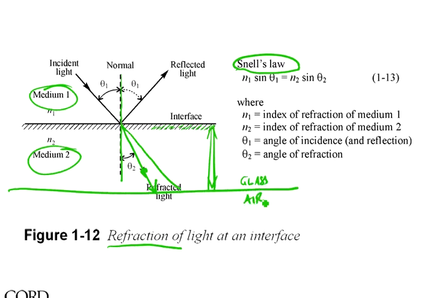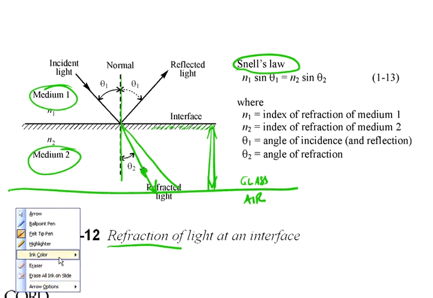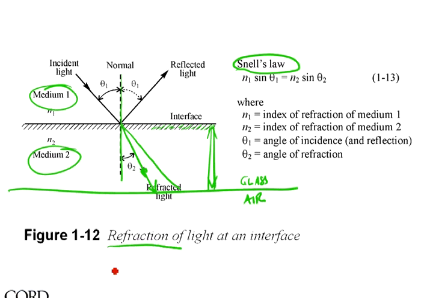At this second interface, we're going to have an application of Snell's law again. So let's use red. At this point of incidence, at this boundary, we draw another normal, perpendicular line. That's your normal. And then this is the incident ray. This is the angle of incidence.